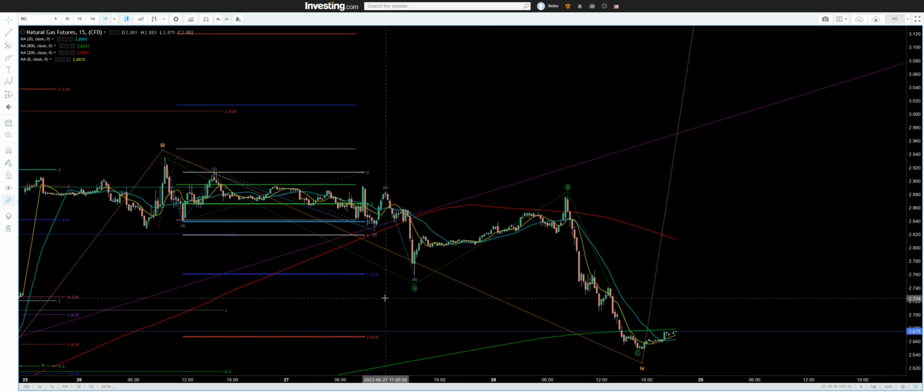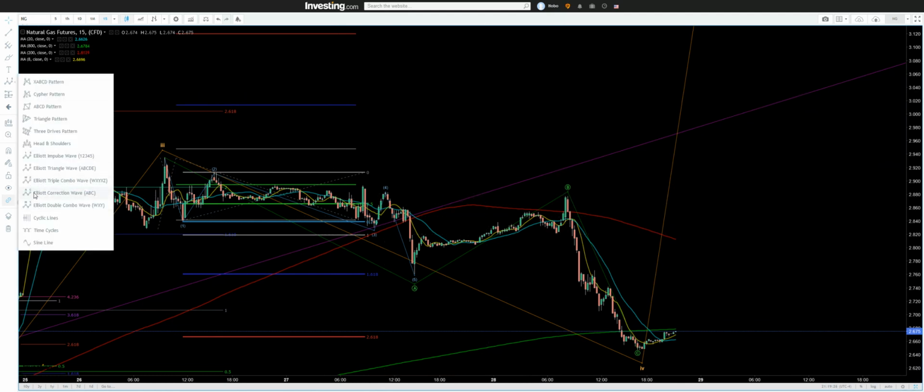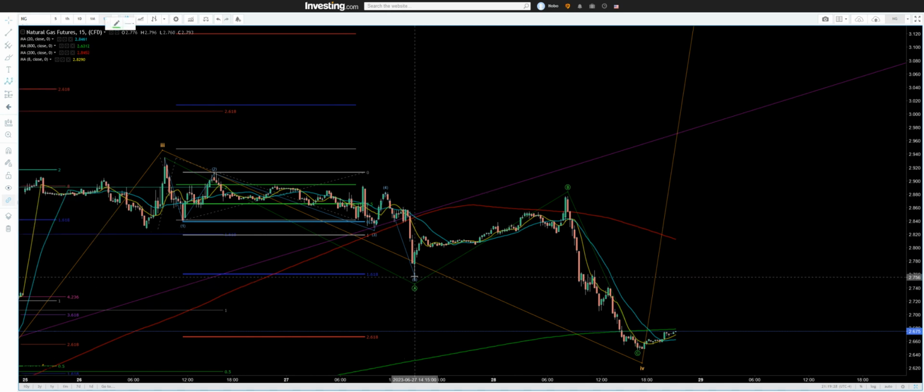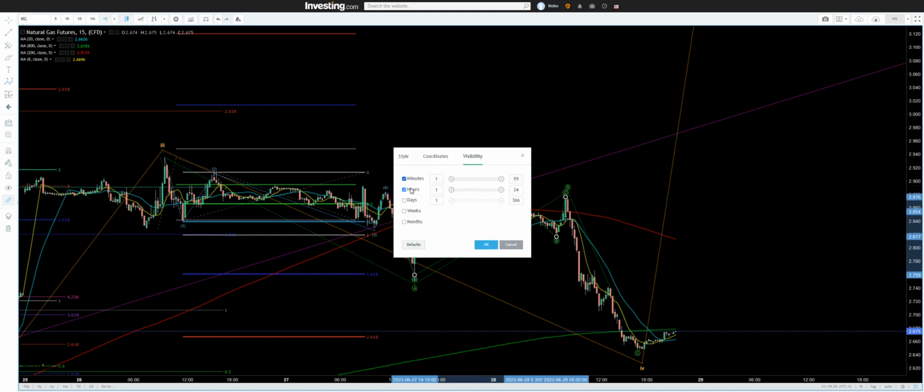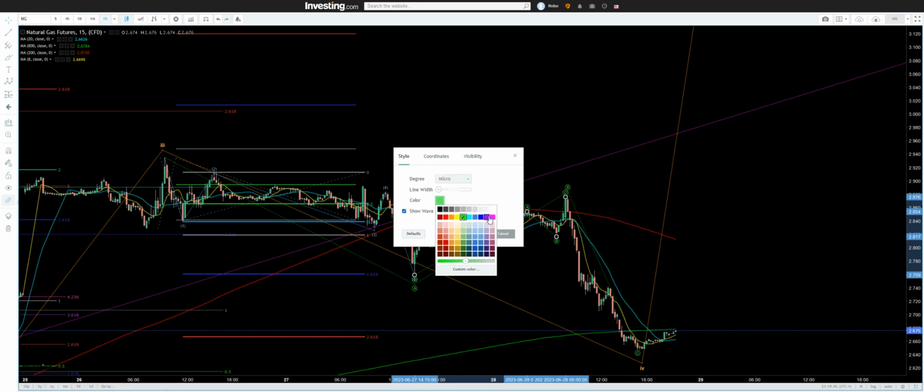B, A, B, the first real retrace, and then C, we'll call that ABC right there. It's already here for us. You can go and take a look at it, change that wave degree.